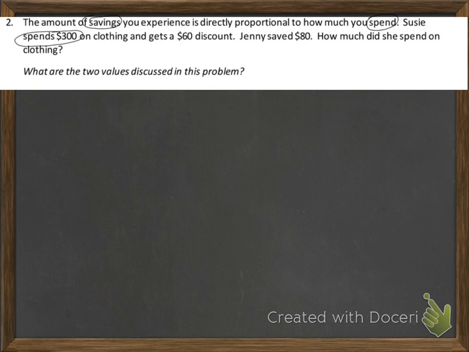Let's write that down. She spends $300, and her discount is $60. This is my savings. Again, it doesn't matter which one goes upstairs and which goes downstairs as long as you're consistent. So on the other side, the spending has to go upstairs too, and the savings has to go downstairs too.